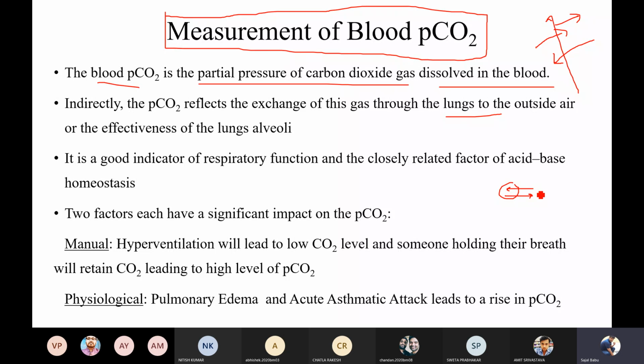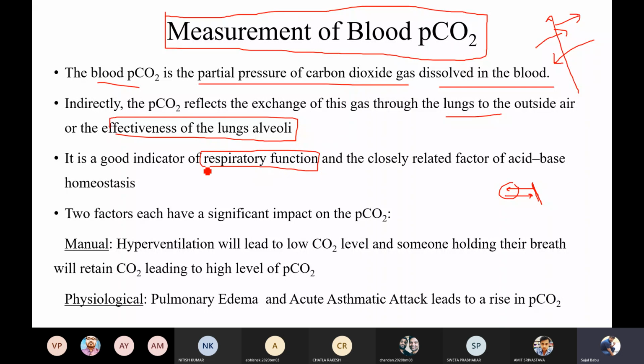So if the PCO2 in the blood has some change, that means the gas exchange at the lung level has some issue. That means the alveoli is not effective here. So it will directly represent the effectiveness of lung alveoli, and it is a very good indicator of respiratory function.